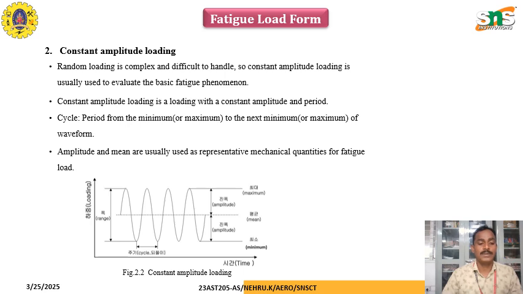The amplitude and mean are usually used as representative mechanical quantities of fatigue loads. In this graph of load versus time, the amplitude of maximum and minimum repeats in consecutive cycles.